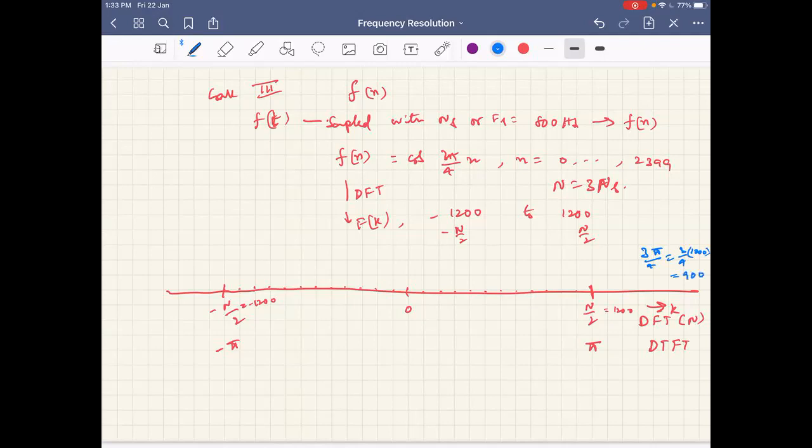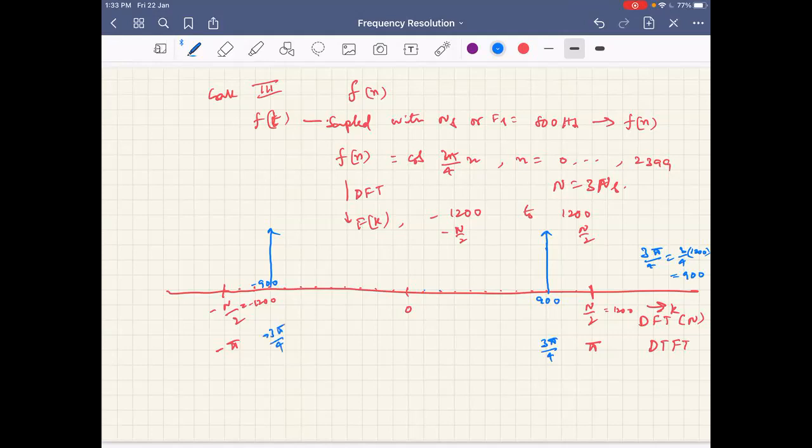Okay, so here 1, 2, 3, 4, 5, 6, 7, 8, 9. You will have one peak here, and then the other peak here, at minus 900 and 900. So this is 3 pi by 4 and minus 3 pi by 4. This is where the peaks occur.